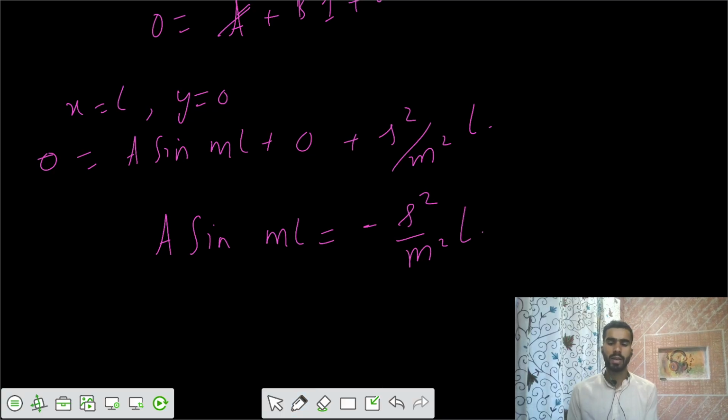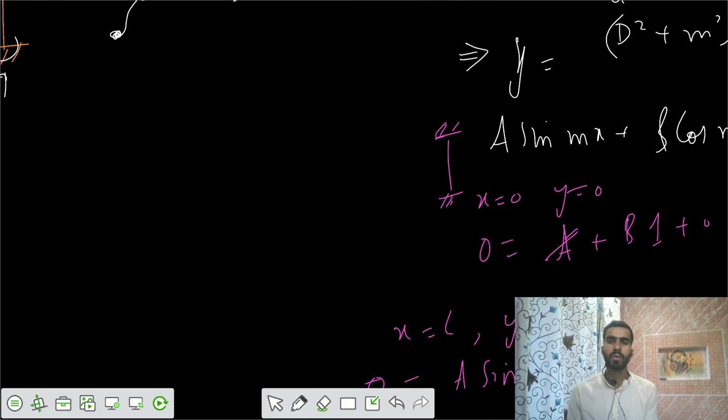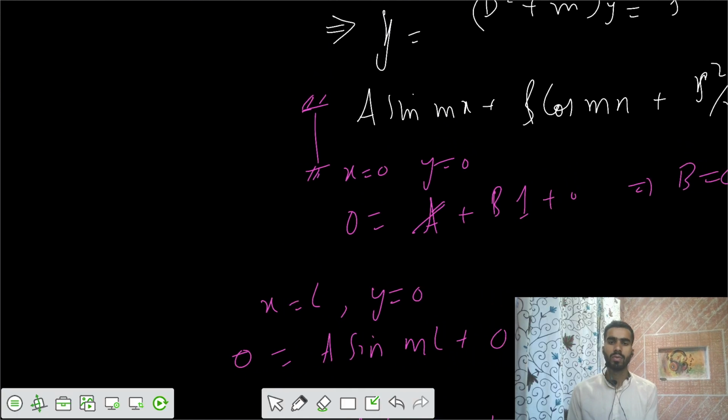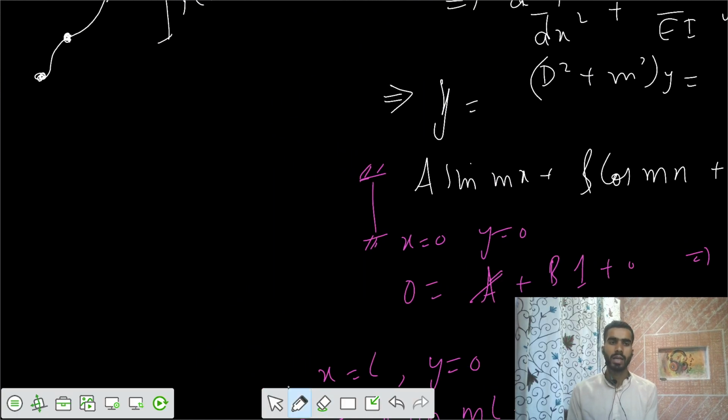We also know theta: dy by dx equals theta, and at x equals 0, theta is 0. So let's differentiate the function y.